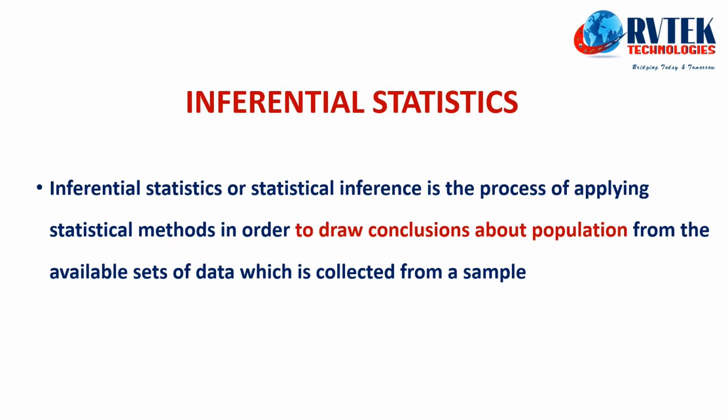Inferential statistics, otherwise known as statistical inference, is the process of applying statistical methods in order to draw conclusions about the population from the available sets of data which is collected from a sample, otherwise known as analytical statistics.